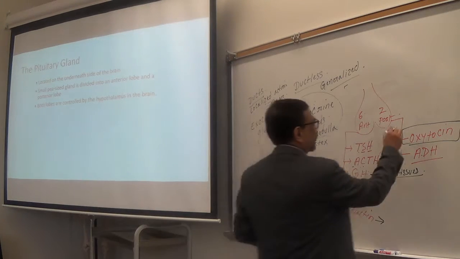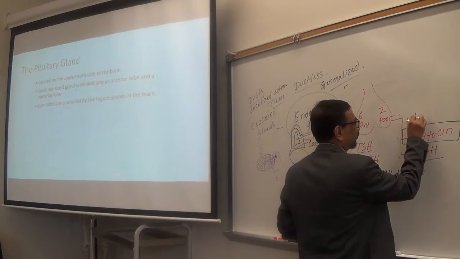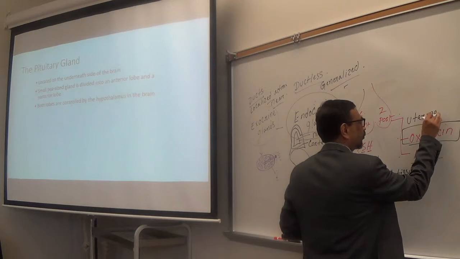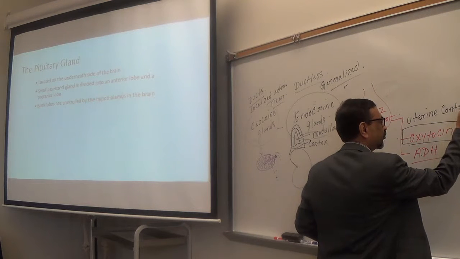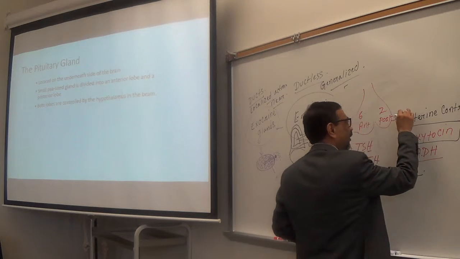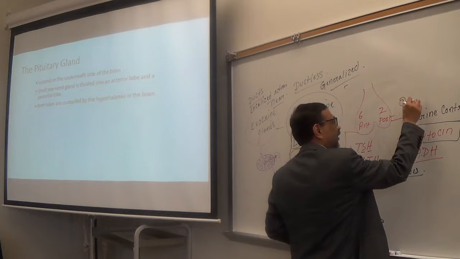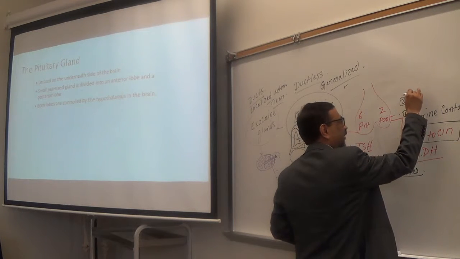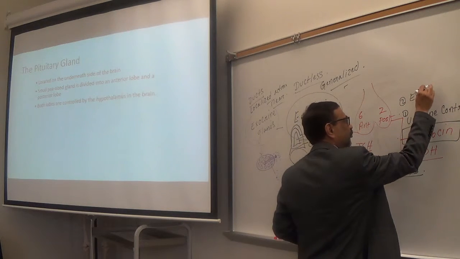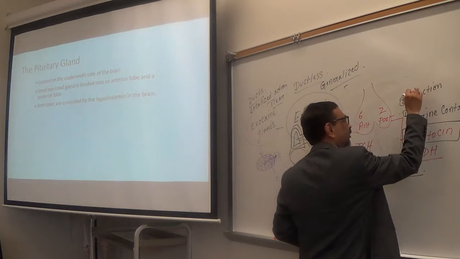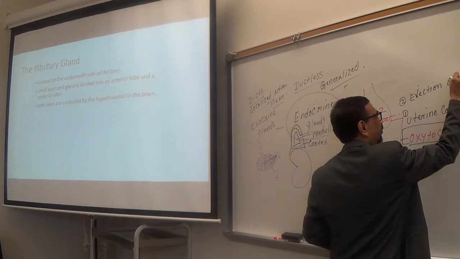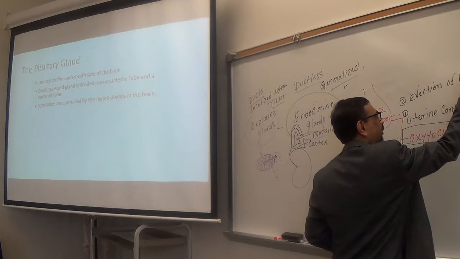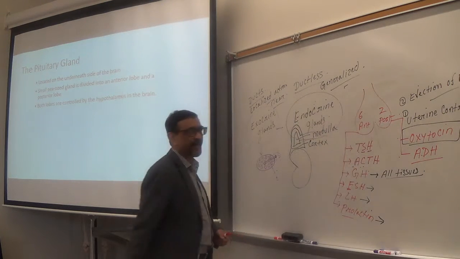So, uterine contraction is number one. Number two, ejection of milk from the female breast, or mammary gland.